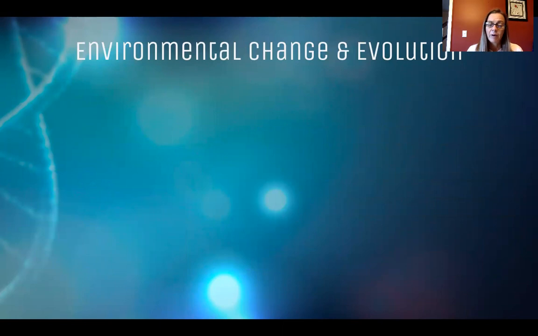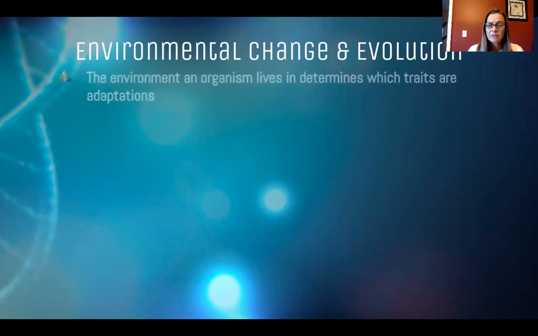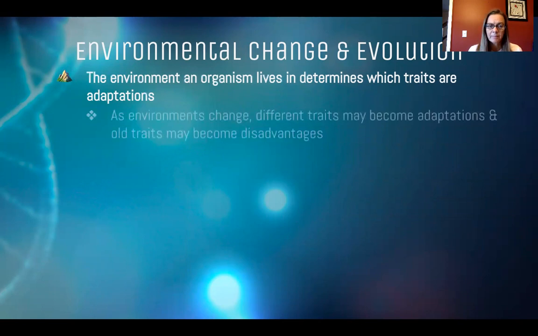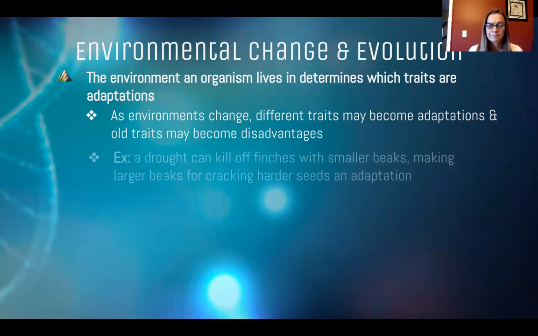We have selective pressure from predators, but we can also have selective pressure from our environment. The environment that an organism lives in is going to determine which traits are adaptations, which traits are advantageous. As the environment changes, traits that might have been advantageous before may become disadvantages, and new traits may become adaptations.